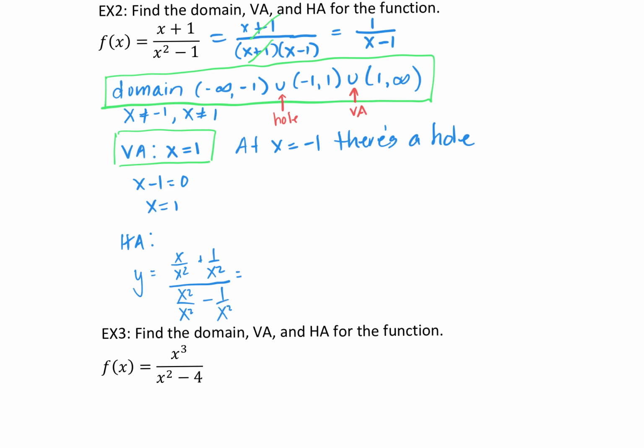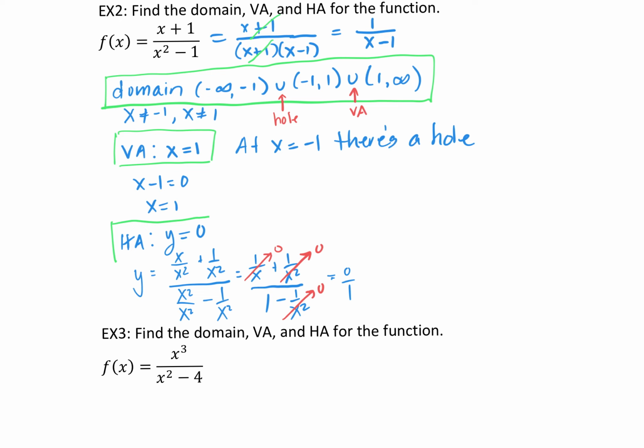In the top, I would have 1 over x, which would go to 0, plus 1 over x squared, which would go to 0. In the bottom, it's going to be 1 minus 1 over x squared. So 0, 0, 0. We get 0 over 1, which would just be 0. Horizontal asymptote, y is equal to 0.